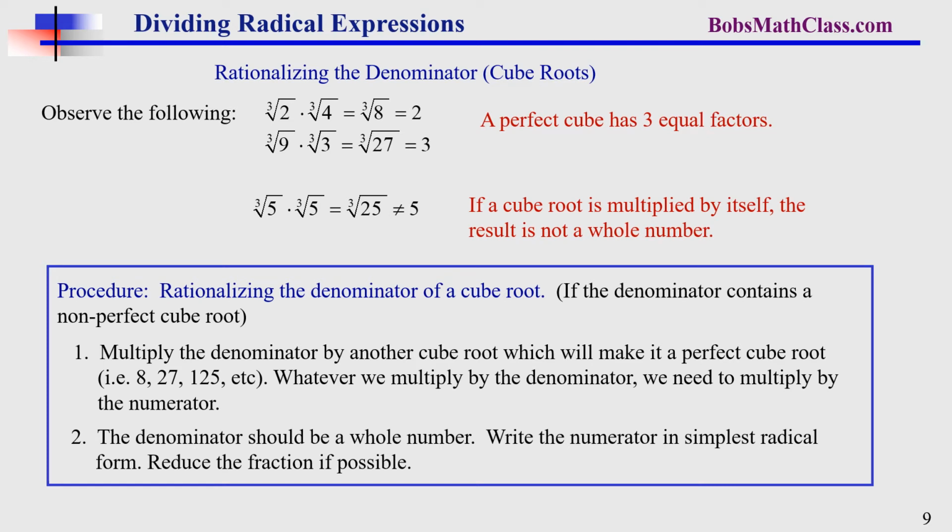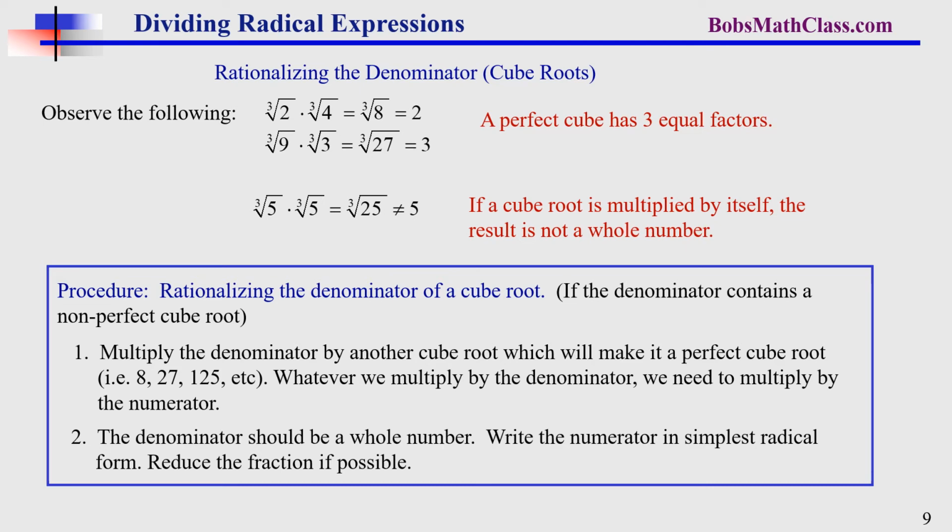We're going to write the numerator in simplest radical form and then reduce the fraction if possible. Okay, so remember, we're trying to make the denominator a perfect cube root. So if the denominator is a cube root of 2, we're going to multiply it by a cube root of 4, because we want it to be a cube root of 8. If the denominator is a cube root of 4, then we're going to multiply by a cube root of 2.